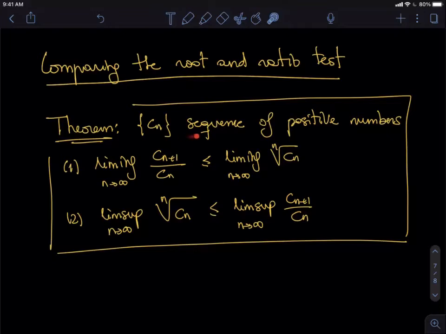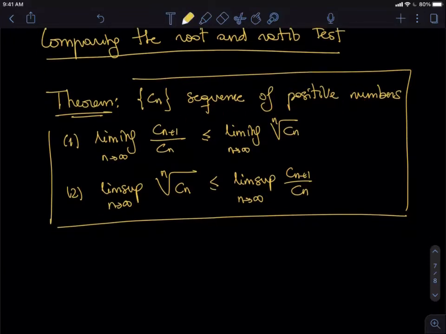I wrote it for sequences of positive numbers because in the end, when we are looking at the series, then we are going to write the ratio or the root of the general terms. And here we write them with the absolute values.